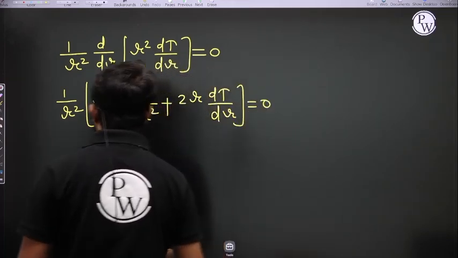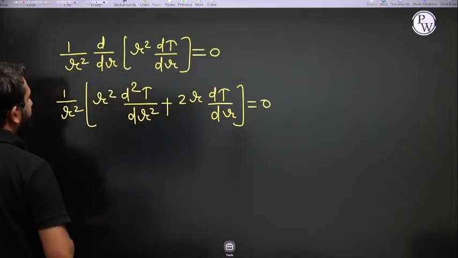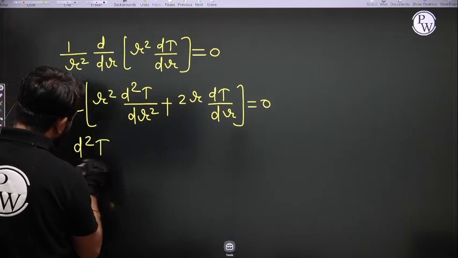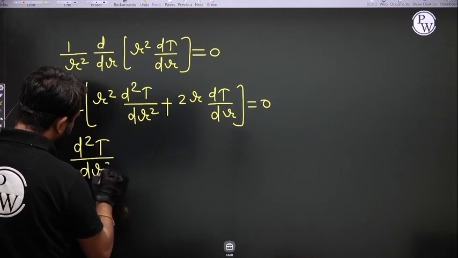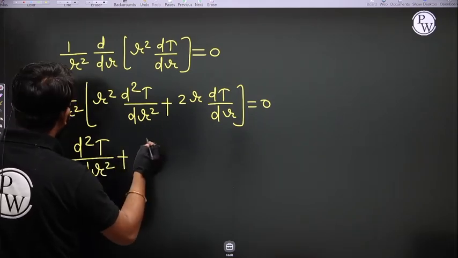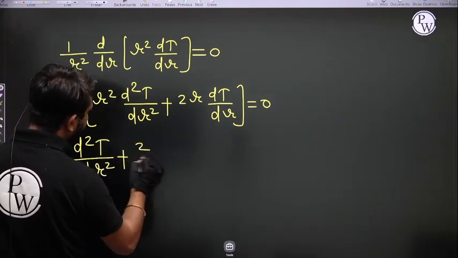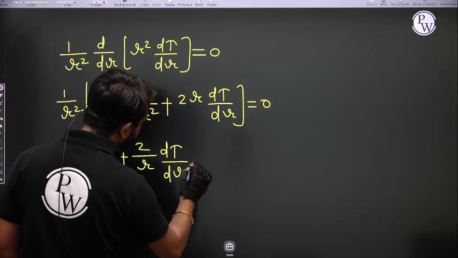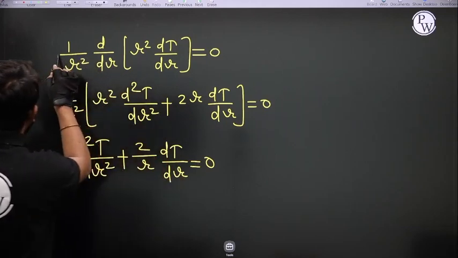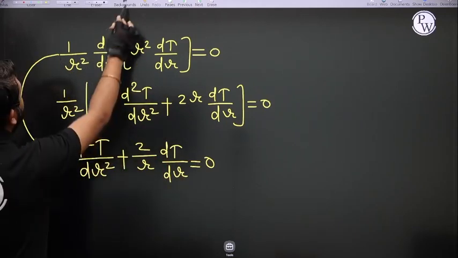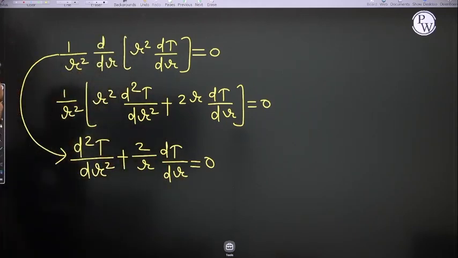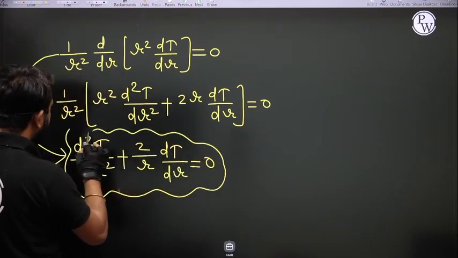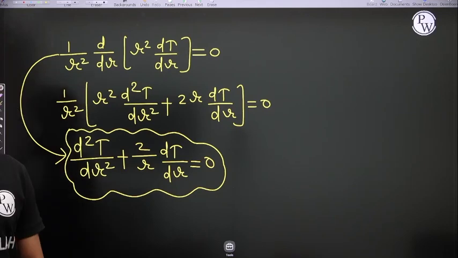Differentiation of uv: u constant, differentiate v; v constant, differentiate u. So ultimately this is d square t by dr square plus 2 by r dt by dr is equal to 0. So you can write this equation in this form also. Sometimes in the exam, the expression is given in this form, so remember this form also.